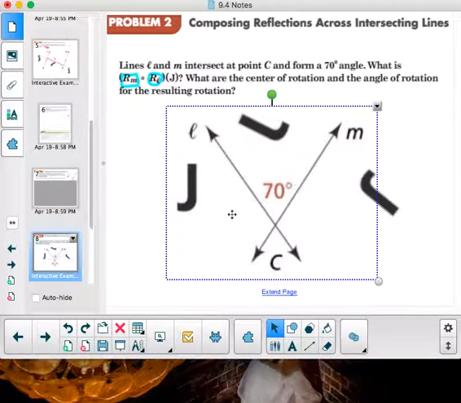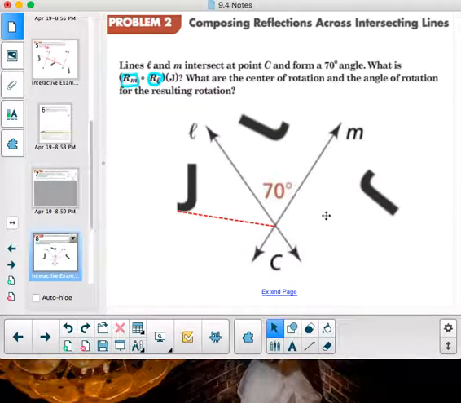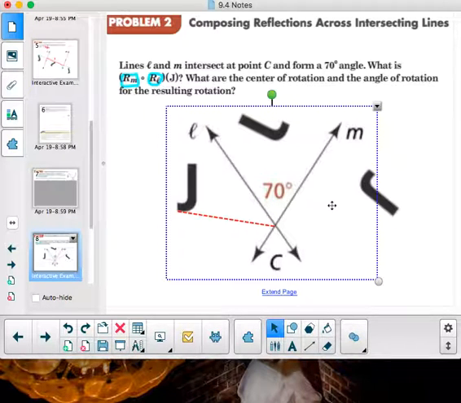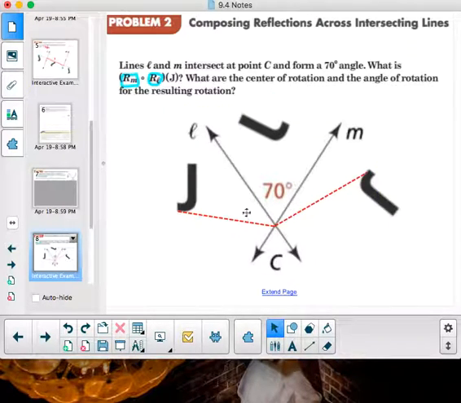Okay? So ultimately what I'm looking to figure out is if I were to connect a point on my pre-image to my image, what is the angle? So I'm going to draw this line here to its corresponding, if I can find it, there. What is this angle measure right here?